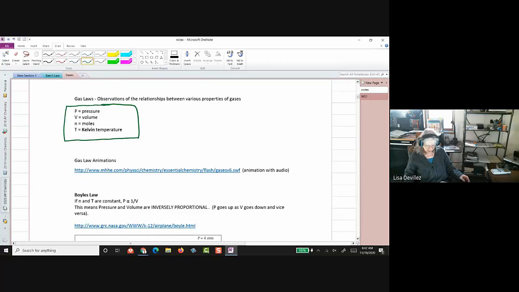Keep losing my mouse on this. Oh, it's not going to let me do that. Maybe I have to. I guess in OneNote it won't let me do that.